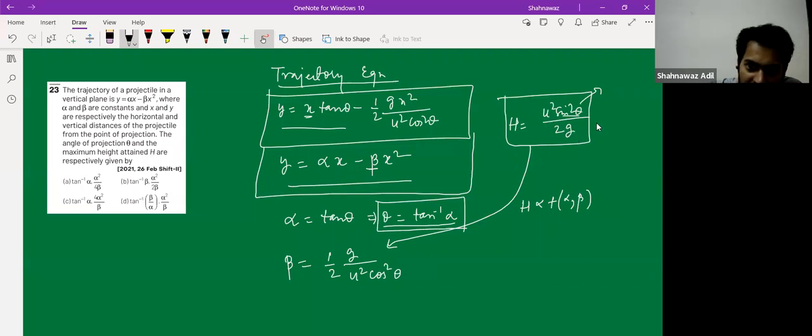So we have to omit the u square part, right? Okay, so let's say you have tan theta here. So we multiply, let's say this is beta, and this is g by 2u square cos square theta. So we want to make it tan theta, right? So what should we multiply here?